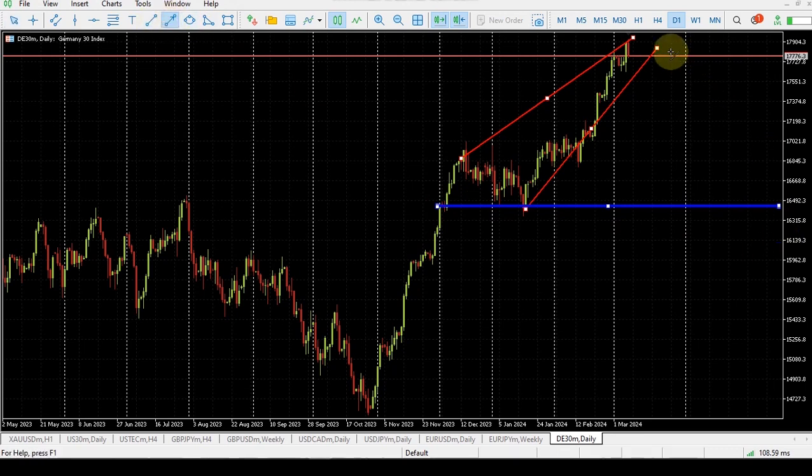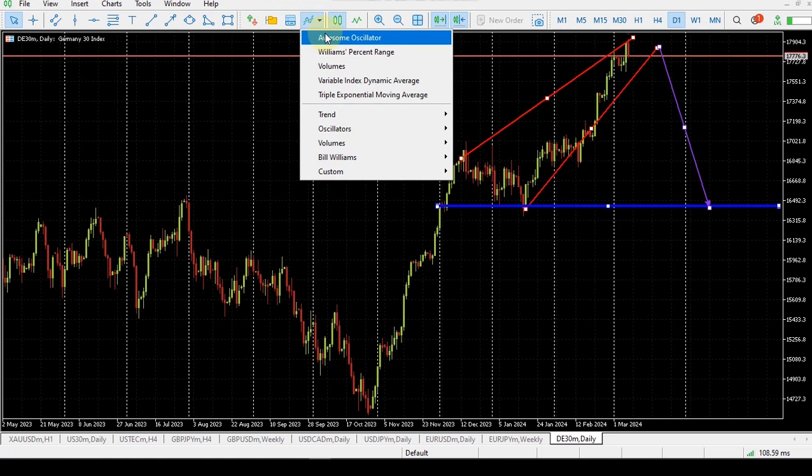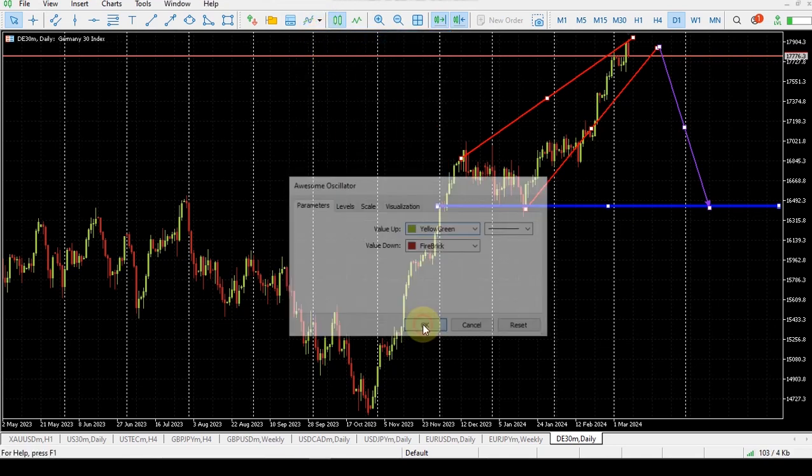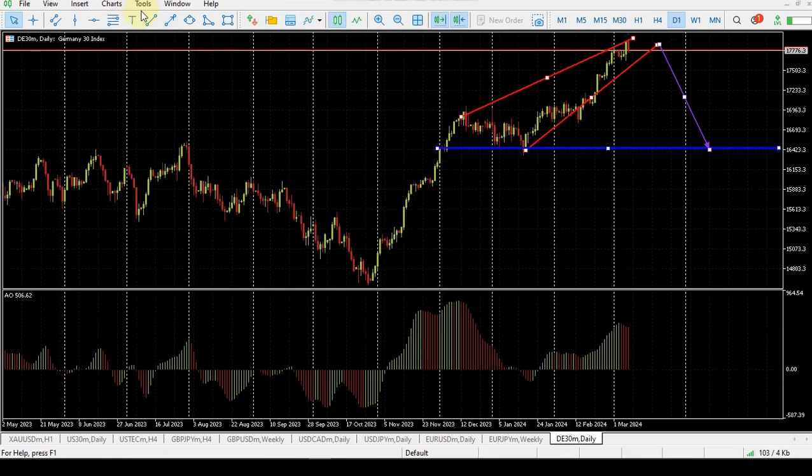I can still confirm something. Let me see if it will work out. Of course, it works out. My divergence is here. So let's see how it goes.